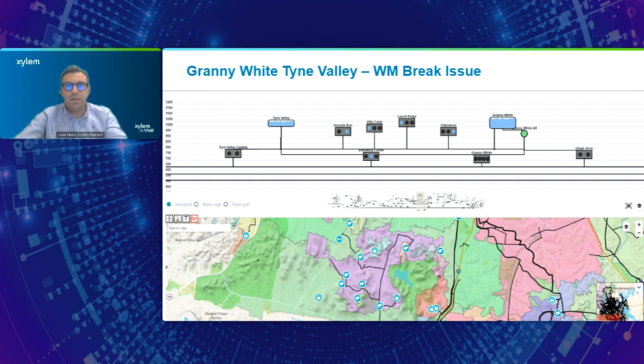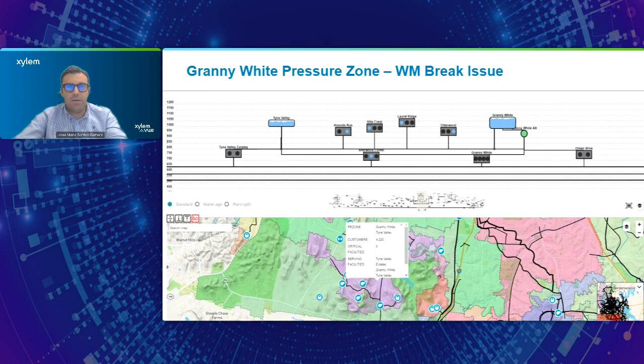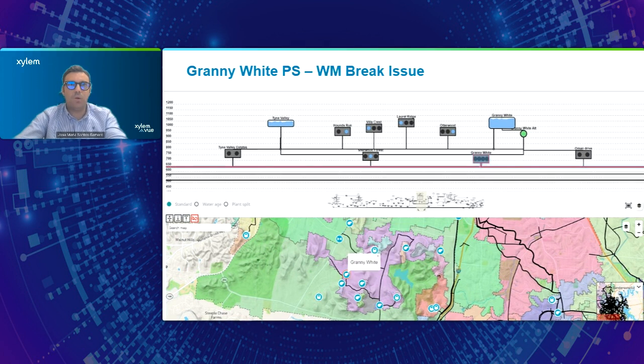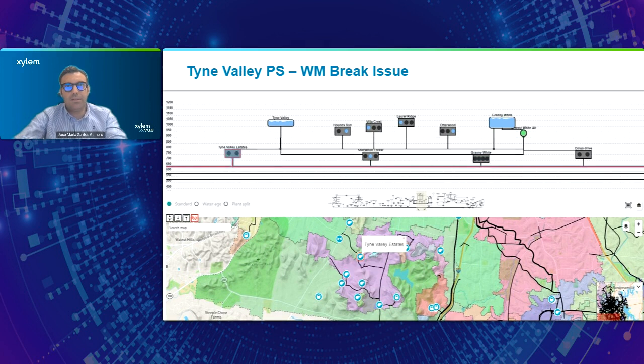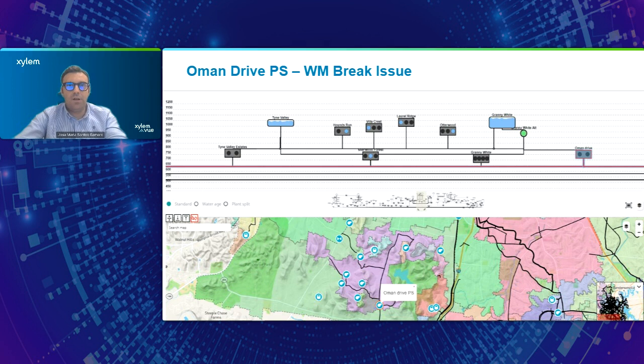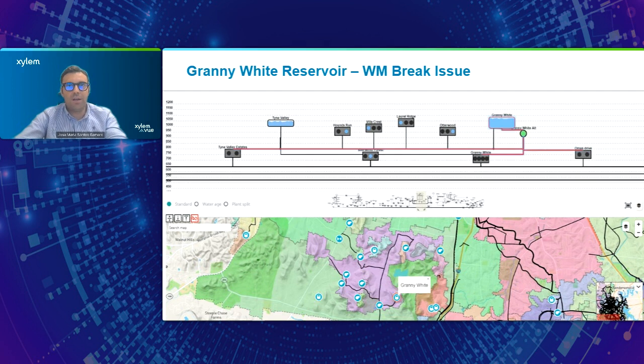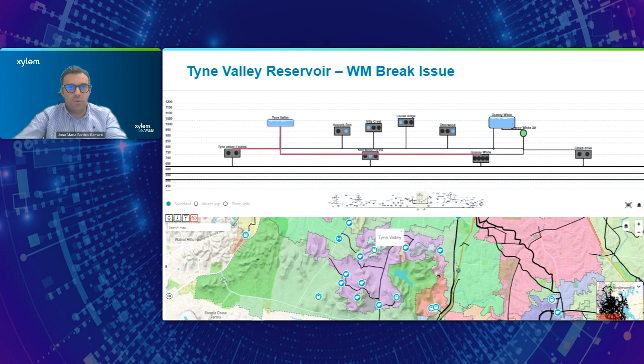It includes a huge amount of people, and is also served by different facilities. We have three pump stations: Granite White, Time Valley Estates, and Mandrive Pump Station, and a couple of reservoirs, Granite White and Time Valley.